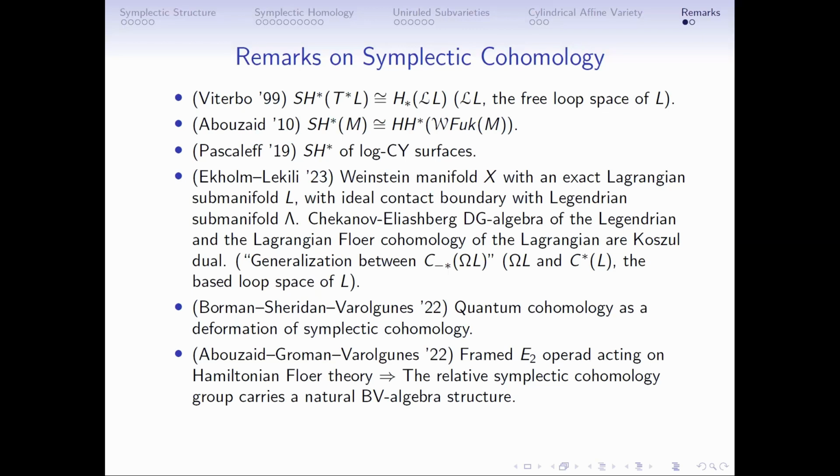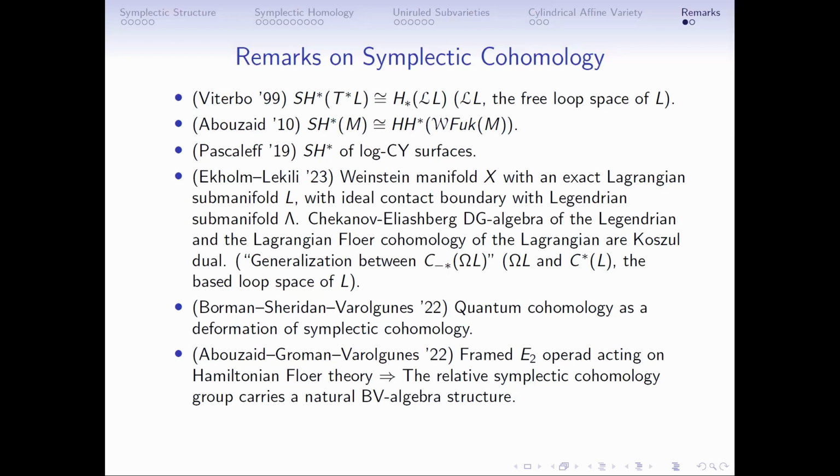Ekholm and Lekili showed that a certain DGA from the Legendrian and the Lagrangian is Koszul dual to the Hamiltonian Floer homology. It is a generalization of the chain complex of the based loop space and the cochains of that space.